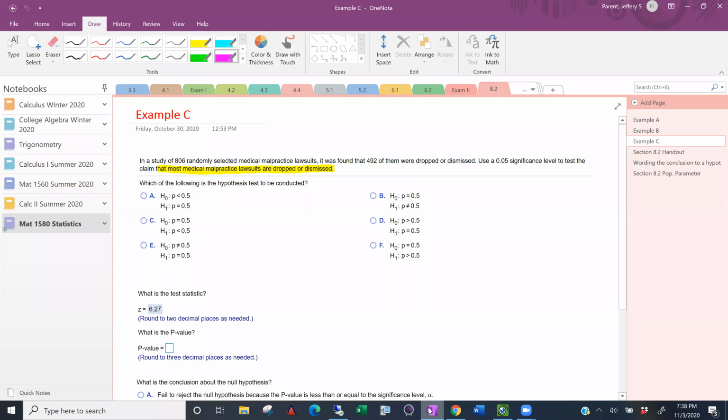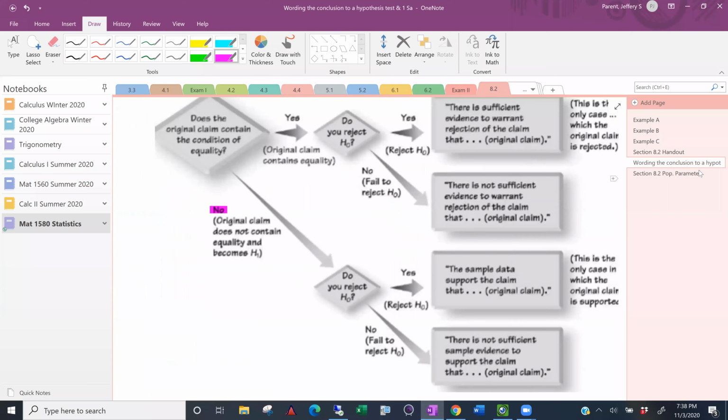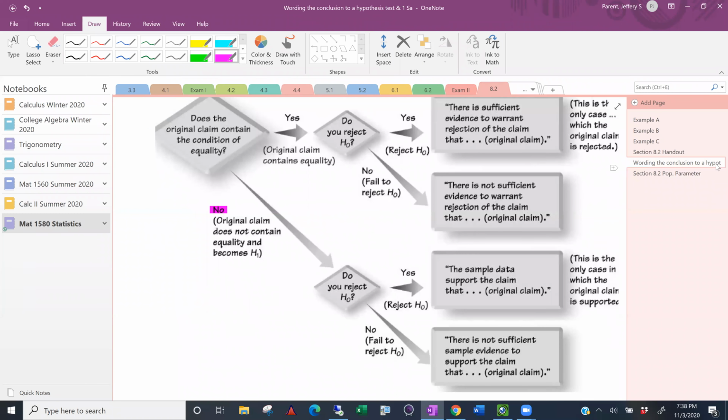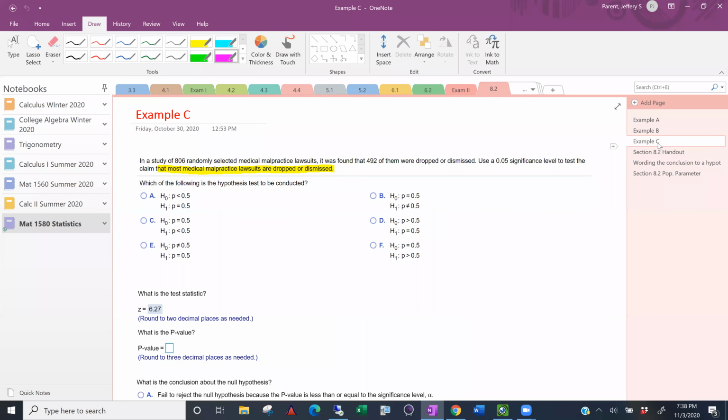So let's look up here. Let's see, not here. How about there? There we go. Oh, I had it right. I forgot the original claim. What was the original claim here in this one? Let me look back here at the problem. Most medical malpractice lawsuits are dropped.